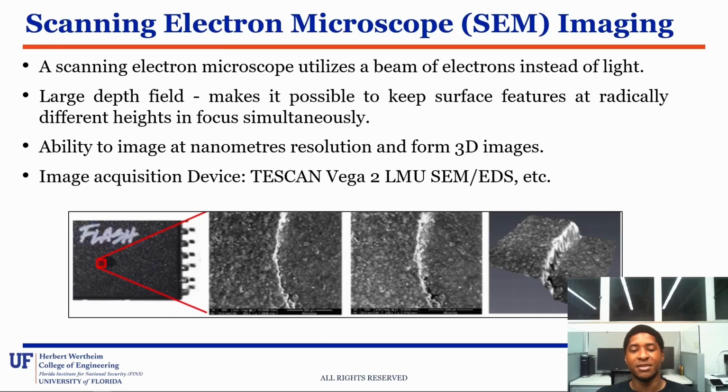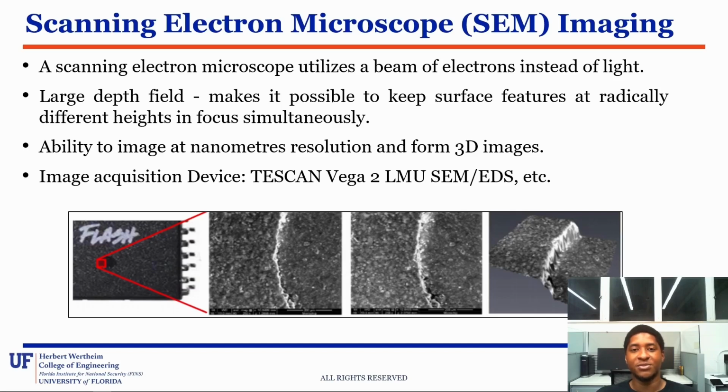The SEM, or scanning electron microscope, uses a focused beam of high energy electrons to generate different signals at the surface of the solid specimen. In our case, our specimen would be the IC.